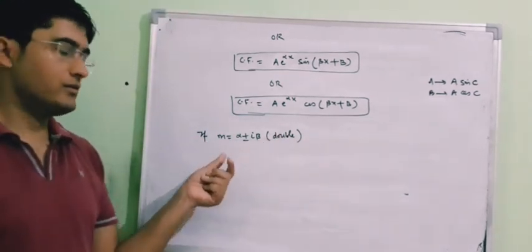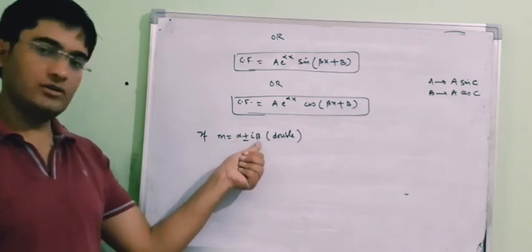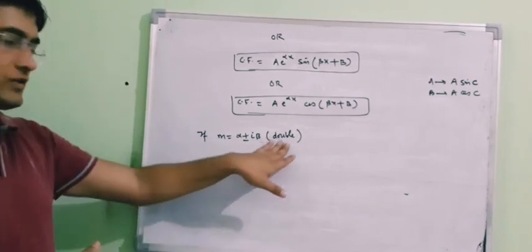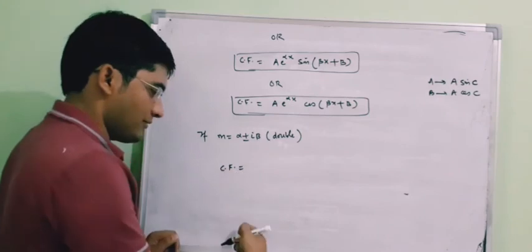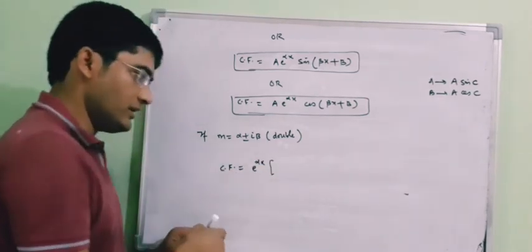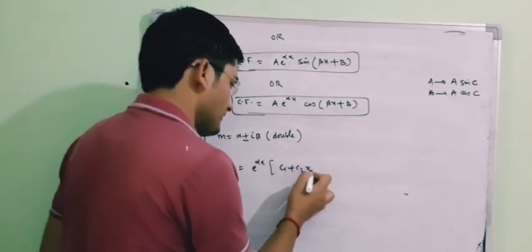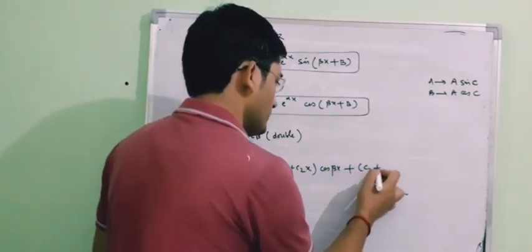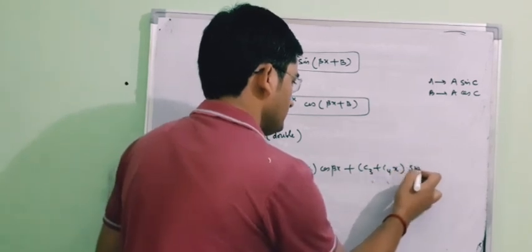You can see that we have four roots right now: alpha plus i beta, alpha minus i beta, and again these two repeated. In this case your CF will be, starting with the first formula, e to the power alpha x times A cos beta x, where A can be written as c1 plus c2x, and B can be written as c3 plus c4x, multiplying sin beta x.